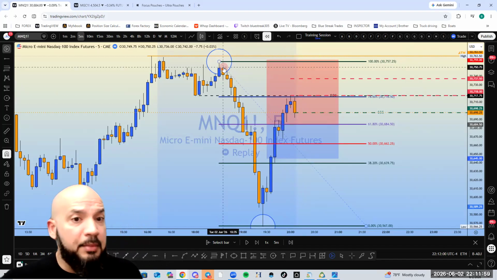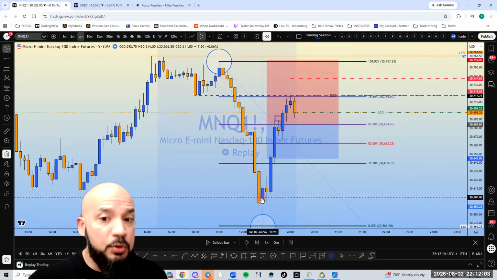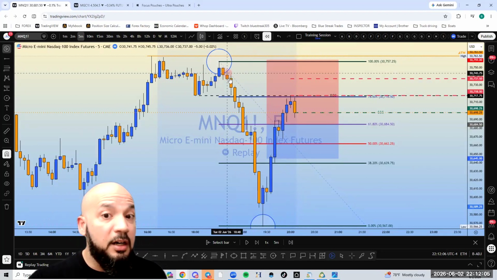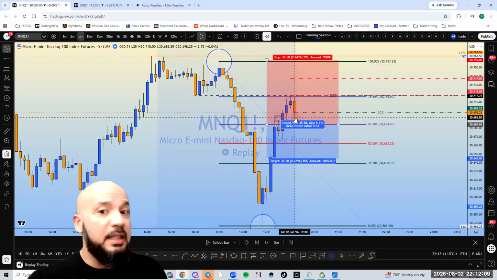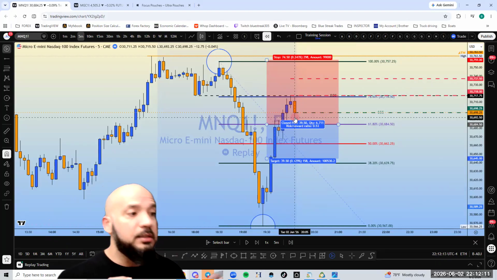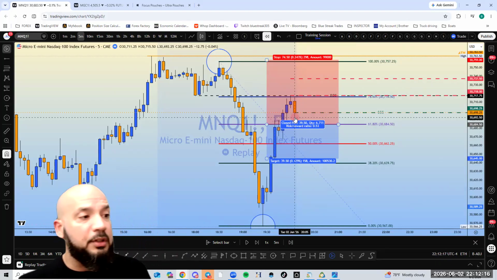But I am a higher time frame trader, so I'm looking at the bigger moves, which consist of bigger fluctuations in price action. They move at wider ranges, so you have to allow the trade to breathe in order to profit correctly.